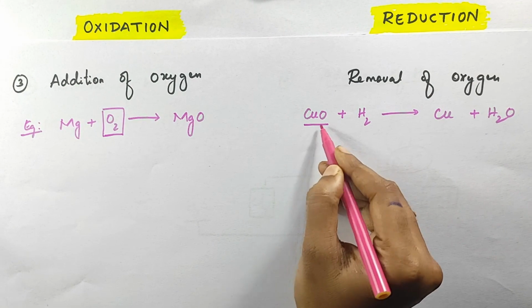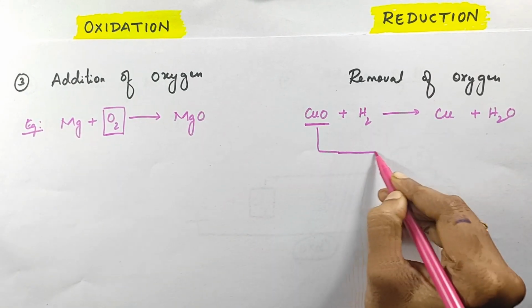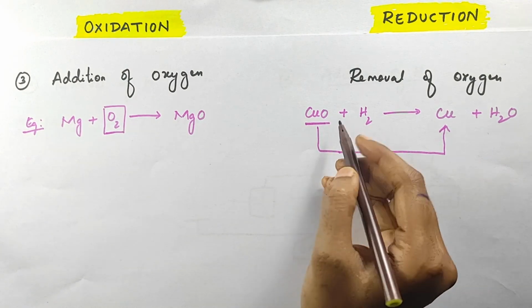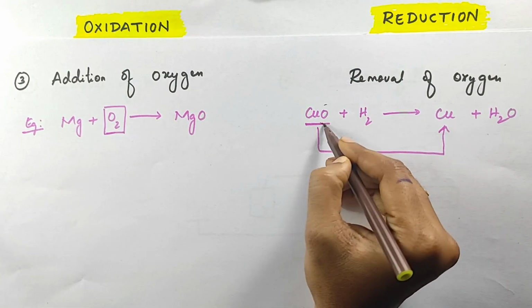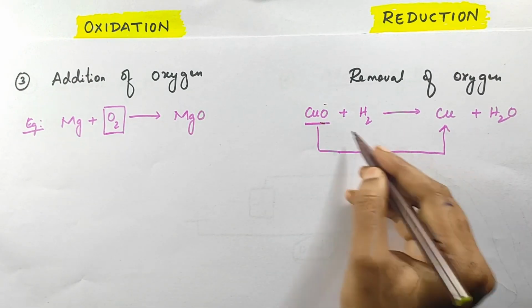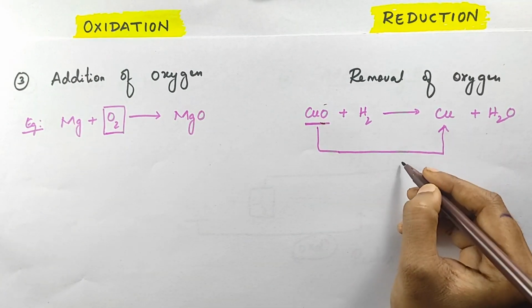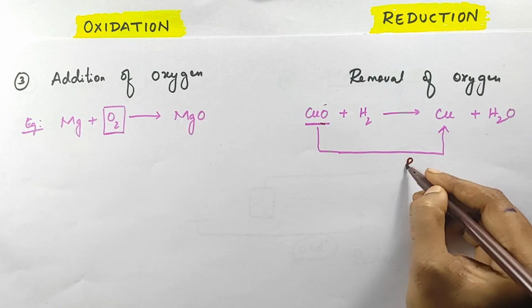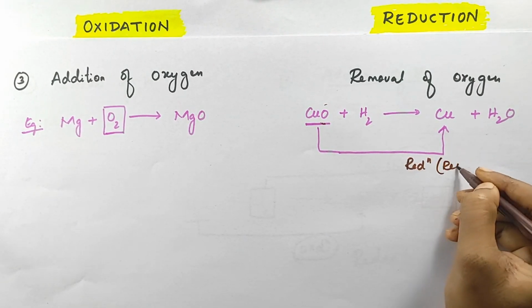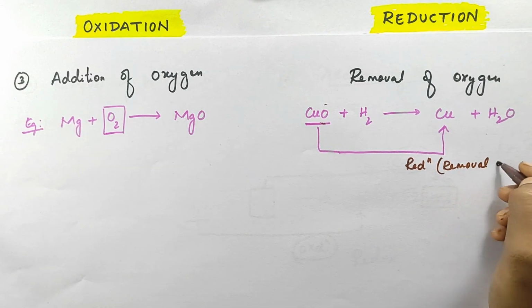See, the copper oxide is converted into copper. Here the oxygen in the reactant has been removed. So this process from copper oxide to copper is called a reduction process, removal of oxygen.